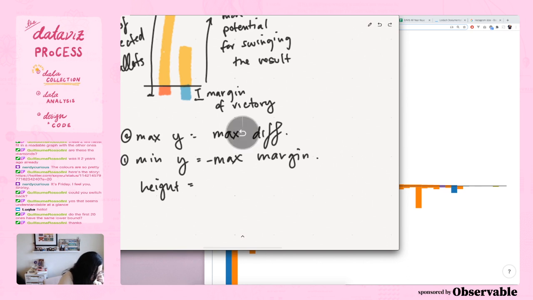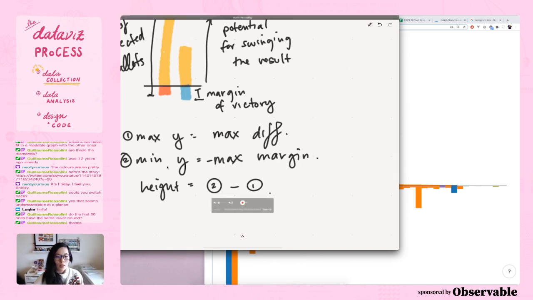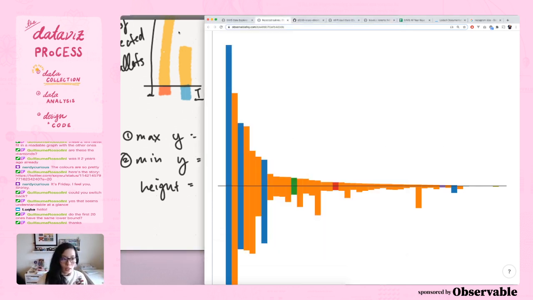Yeah, that makes sense. All right, I needed to write that out. Okay, so basically this one minus this one. Perfect.